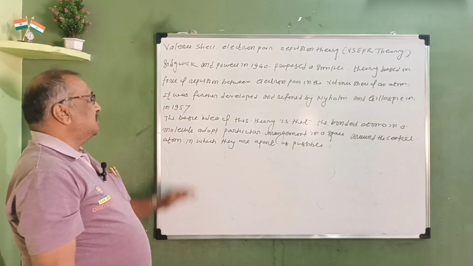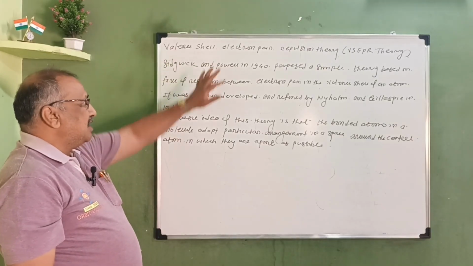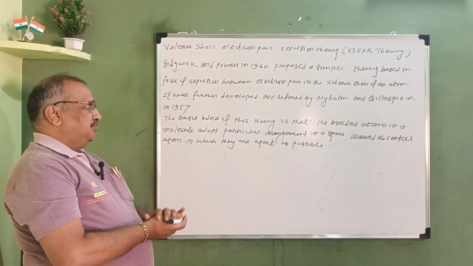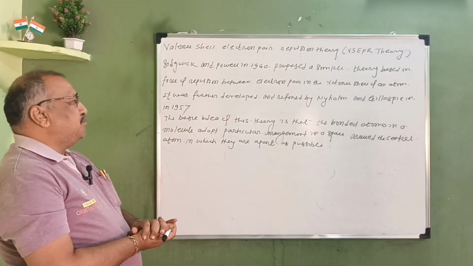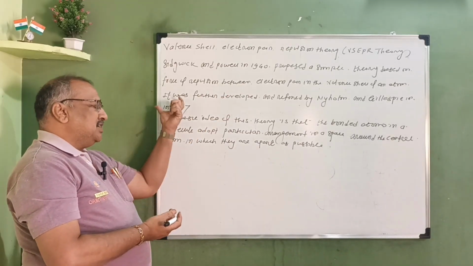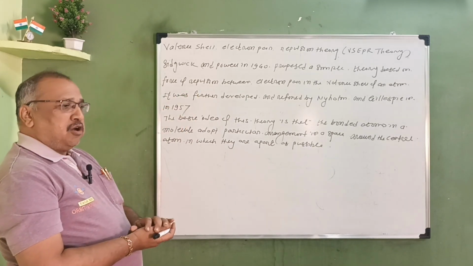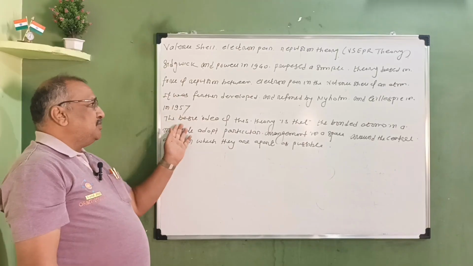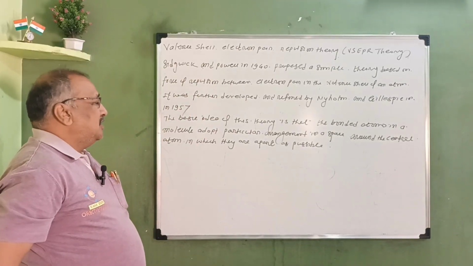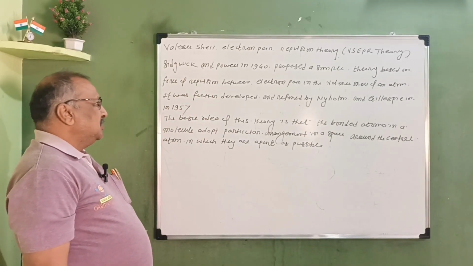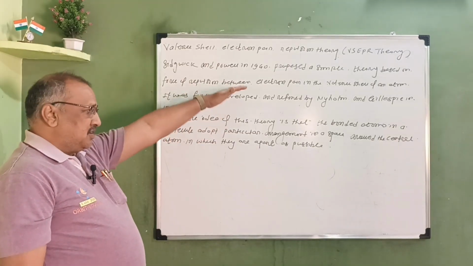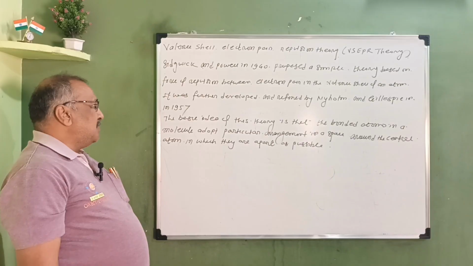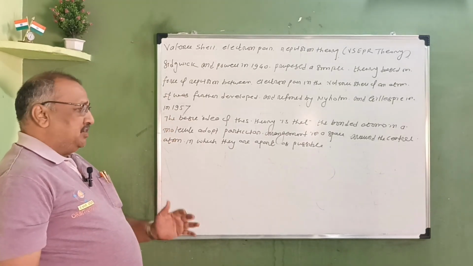Now listen here. Sidgwick and Powell in 1940 proposed a simple theory which is based on the force of repulsion between electron pairs in the valence shell of an atom. This theory was developed and further defined by Nyholm and Gillespie in 1957.